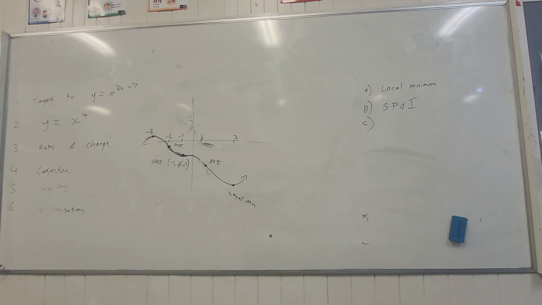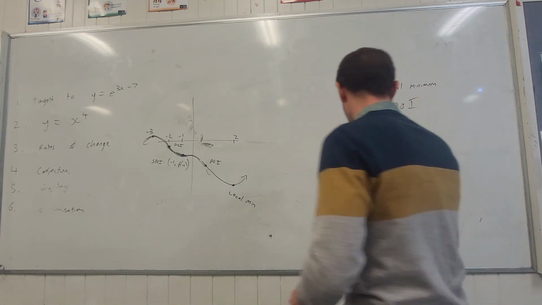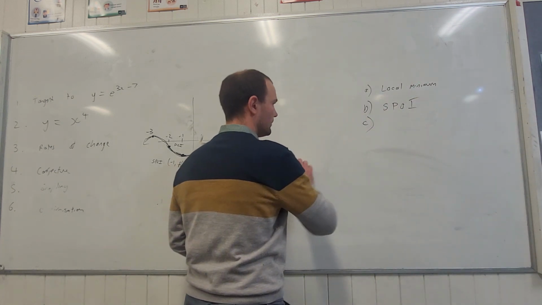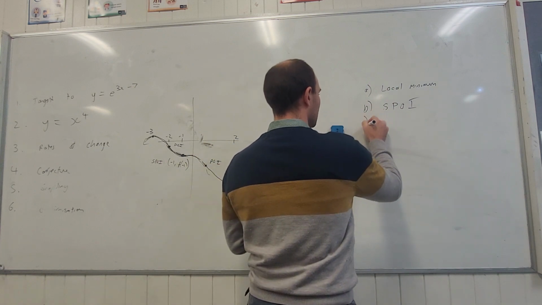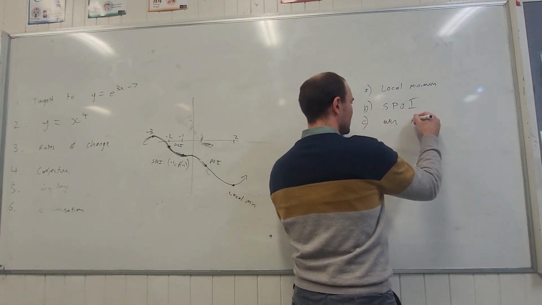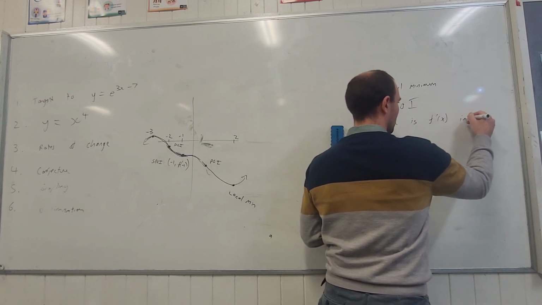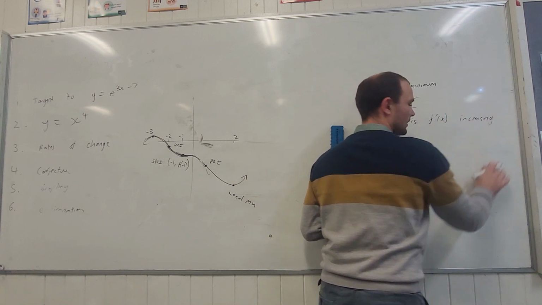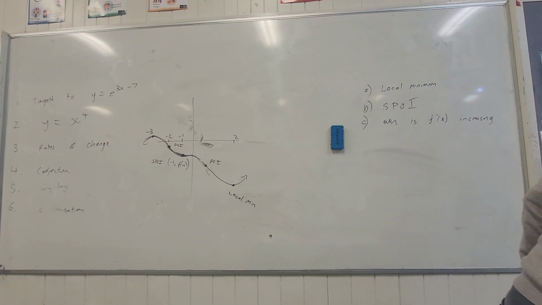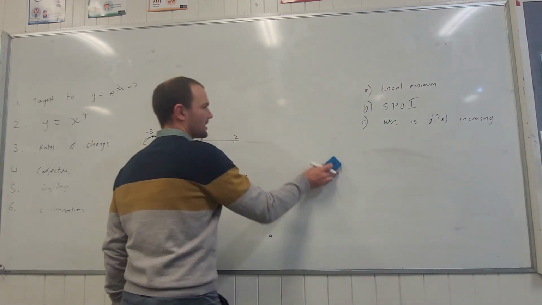That is very tricky because it's not saying where is f of x increasing, it's saying where is the derivative increasing. So for part C, it says when is f dash of x increasing? Let's make a relationship here because we're given the sign diagram of g dash of x.